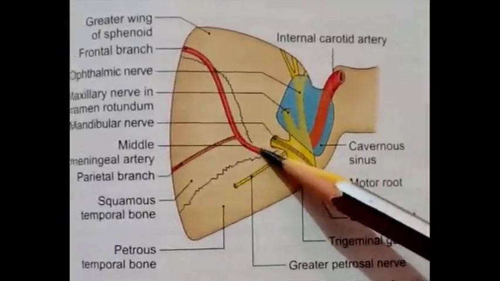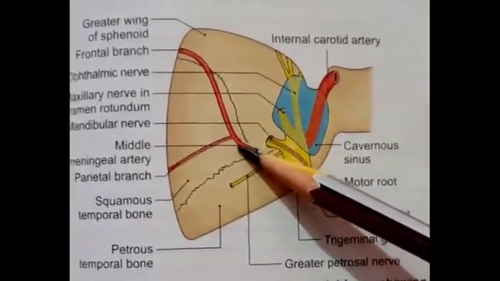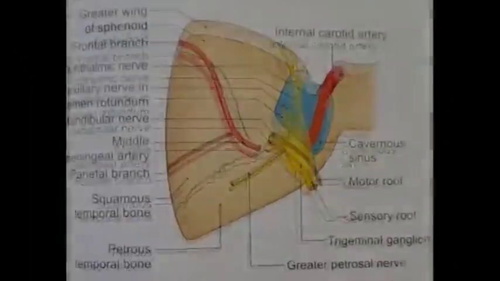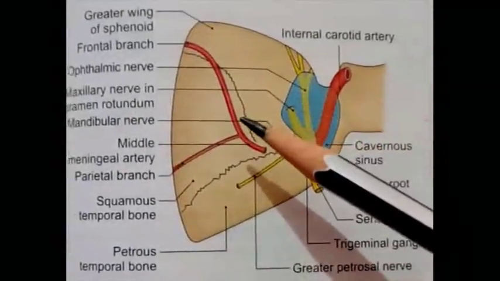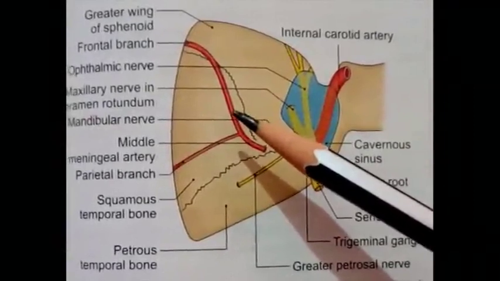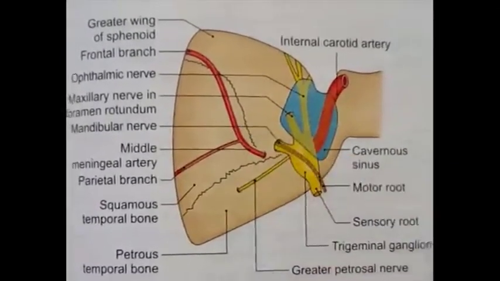This is foramen spinosum, through which the artery is coming from the infratemporal fossa. Then it reaches the middle cranial fossa. Here in the middle cranial fossa, the course of the artery is extradural, meaning it is present outside the dura mater. It runs on the outer surface of the dura mater.